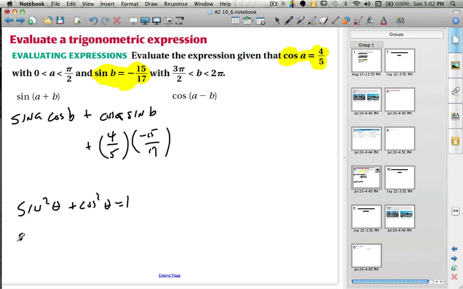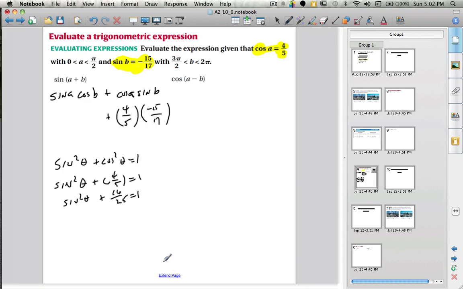So I know that sine squared theta plus 4/5 squared will equal 1. So sine squared theta plus 16/25 is equal to 1.